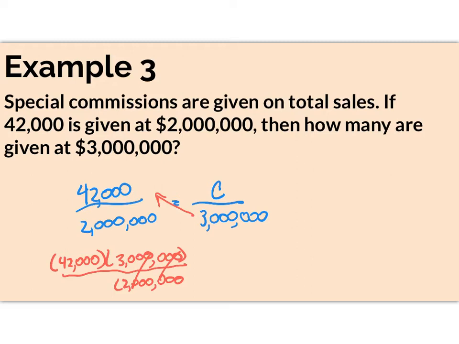So basically 2 in the 42 is 21. So 21,000 times 3, because I just made all these numbers go away, equals your commission, and you get $63,000 commission on $3 million worth of sales.